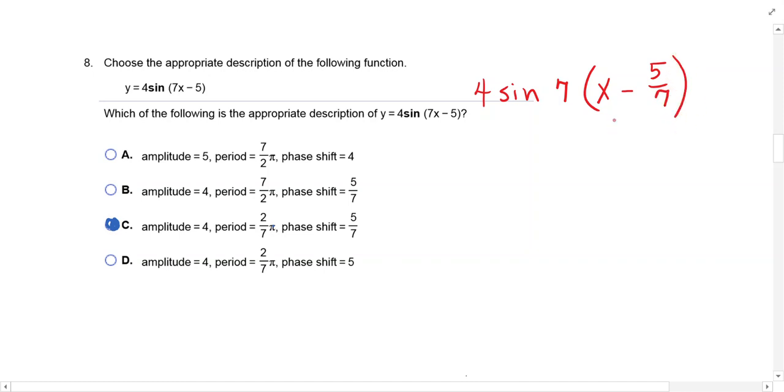Okay, so still amplitude is 4. The period is 2 pi over 7. So there's that. And the phase shift is 5 over 7. Hopefully that makes sense. So before we start figuring out phase shift and those things, you want to make sure you just have an x here. That will make it easier for you.